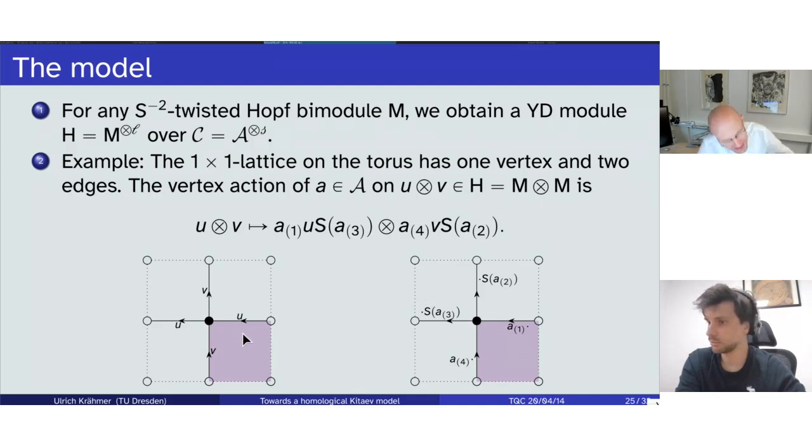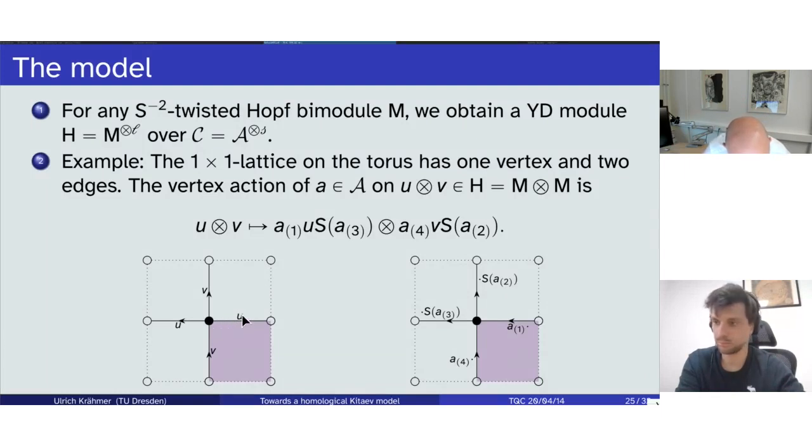So the first thing I do is I apply the coproduct 3 times to small a. So this produces an element in A tensor A tensor A tensor A, which in this Wheeler notation has A1 tensor A2 tensor A3 tensor A4. And now I keep moving on my path. I hit the first edge.